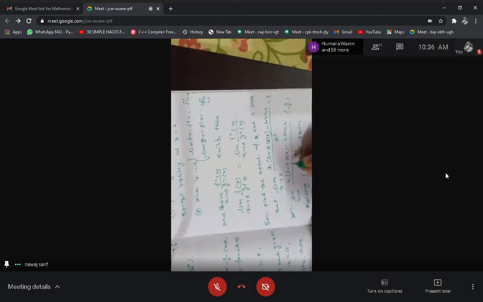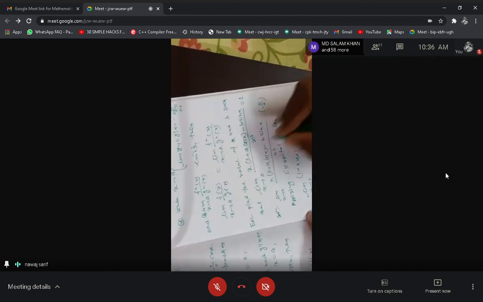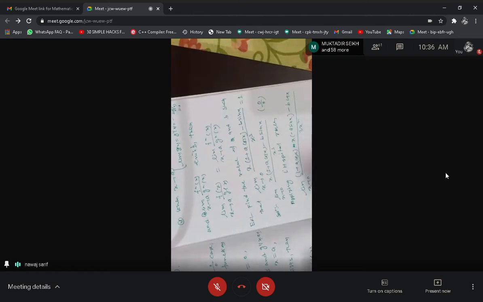Then derivative of this one is x into derivative of 1 plus a cos x, which is minus a sin x. And derivative of minus b sin x is minus b cos x, divided upon 3x square.